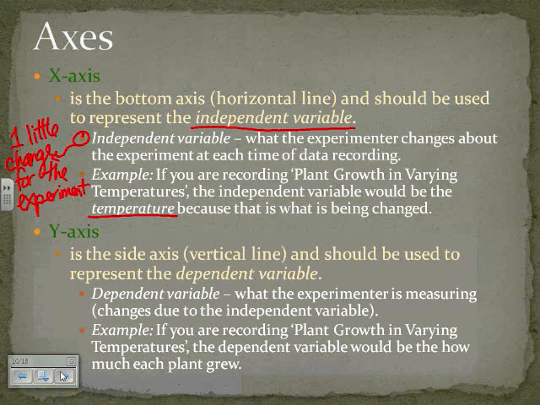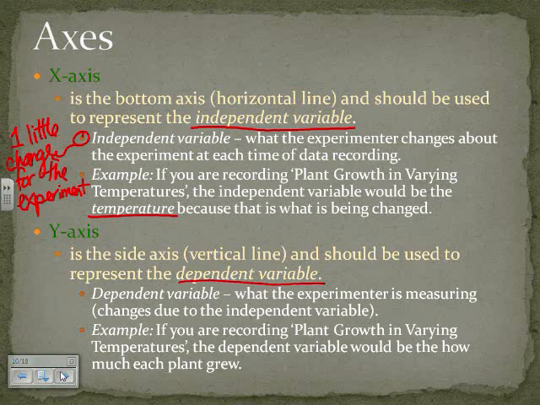The y-axis is where you're going to place your dependent variable. The change based on what you tweaked. So like the plant growth. If on our x-axis we are plotting temperature, don't forget we need to include units, so we're going to talk about degrees Fahrenheit.